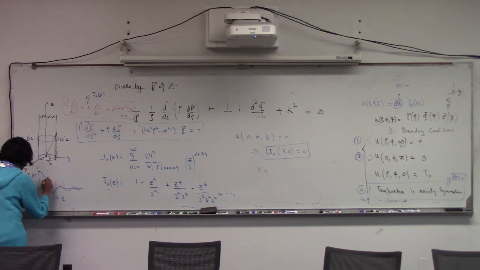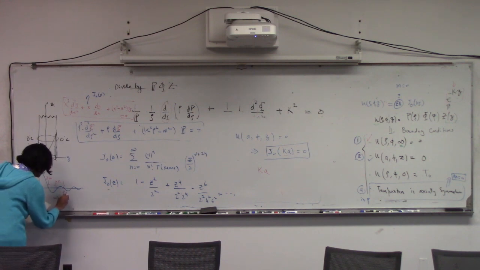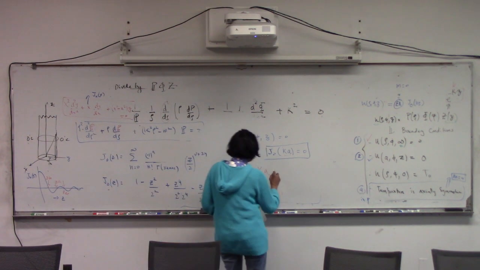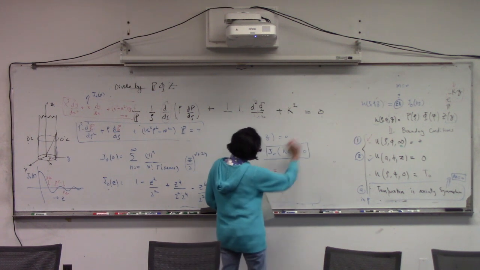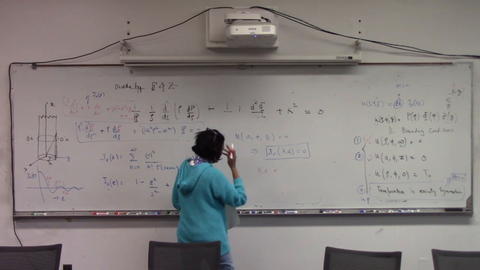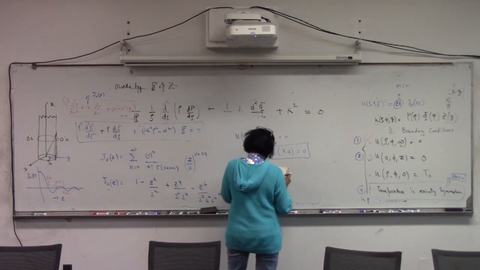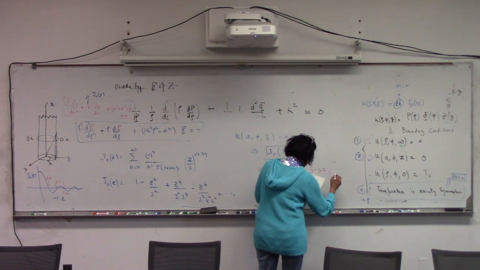The locations at which it becomes 0 are 2.4. It's really funny values, but it is what it is. All we know is it is not continuous. It becomes discrete. There are several values of k for which it can be satisfied, so you have to sum over k. That's how I'm going to come to the superposition principle also. So this becomes 0 for Ka equal to several values, 2.40, 5.52, and 8.65.